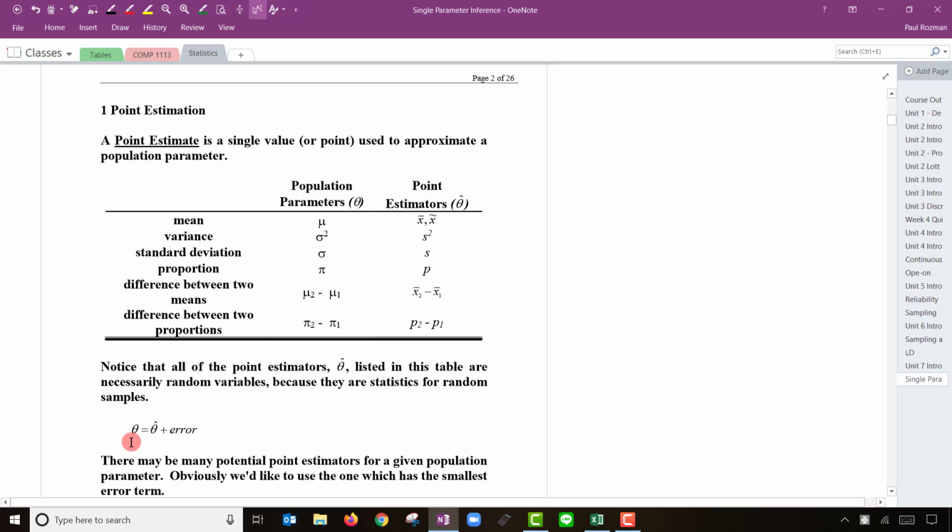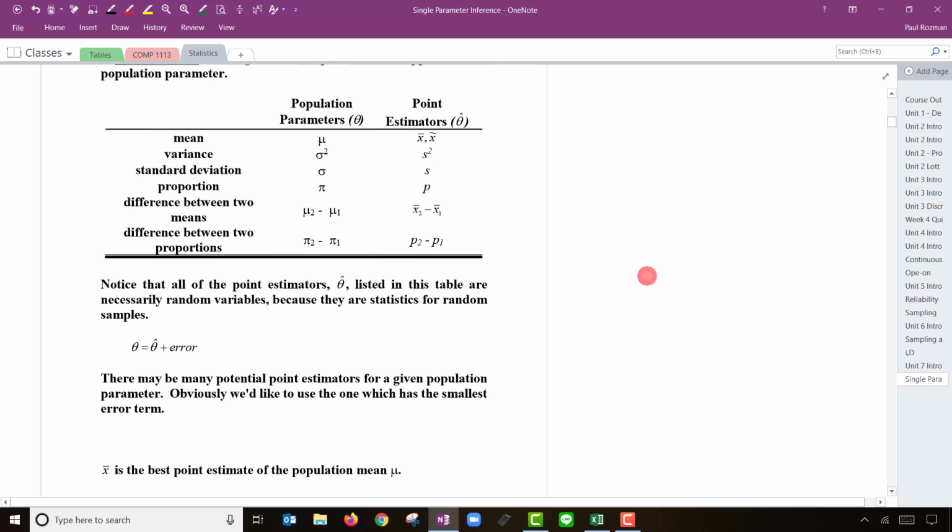The population value, I just made a generic symbol, theta. So I have some population parameter theta, and I'm going to estimate it with theta hat. And my theta hat will most obviously have error. And our goal is obviously to minimize the error.